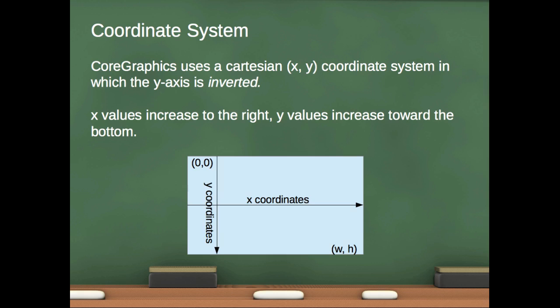So we have a little picture here that shows x coordinates increasing to the right and y coordinates increasing toward the bottom. Now 0, 0 in this picture assumes that this little view is showing its own bounds coordinates, and we'll talk about that in the next series of slides. And then W and H stand for the width and height of this little view.